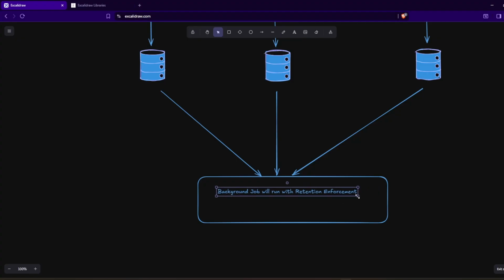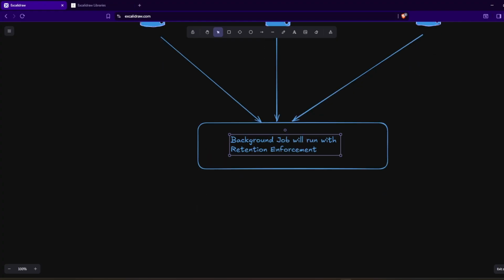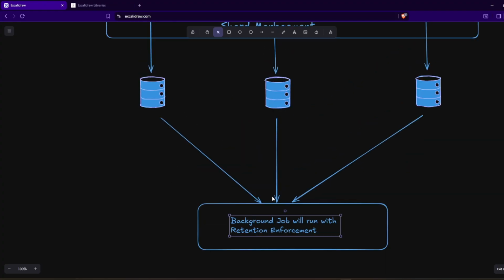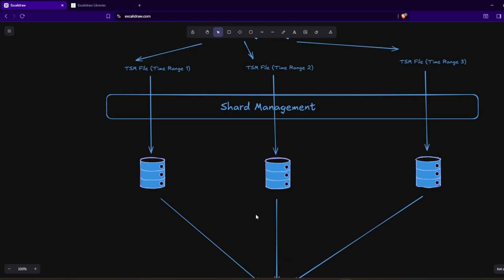And what this retention enforcement will do, this is a very interesting way through which it finds that now this data I need to do a roll up and I need to do a compaction. Okay, so compaction means adding the data and roll up means grouping the relevant data.